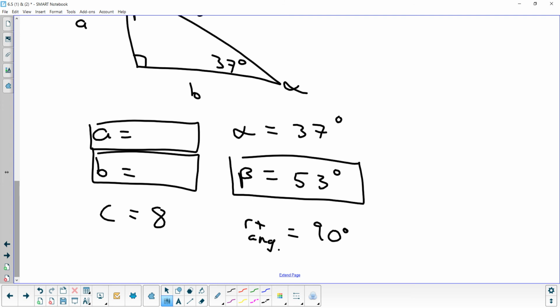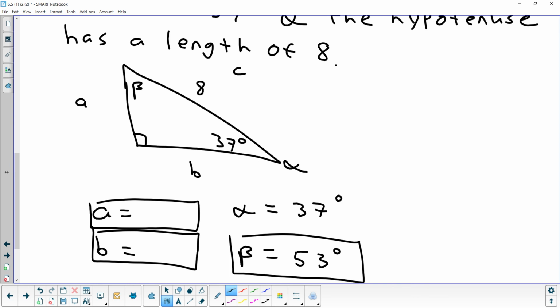Okay, so we've got beta. Now we need to find A and B. When you're trying to solve for one of the sides, you have to use 3 pieces of information. You want to use the given, and now pick a side that you want to find. We can do A or B. So Caleb, which one do you want to do first?